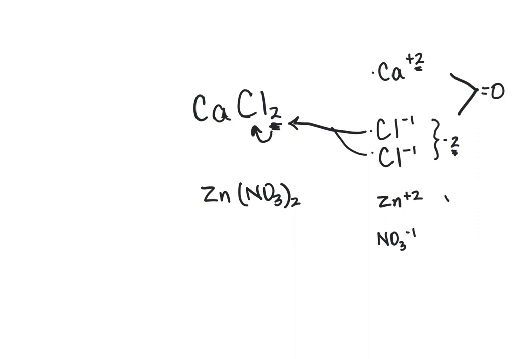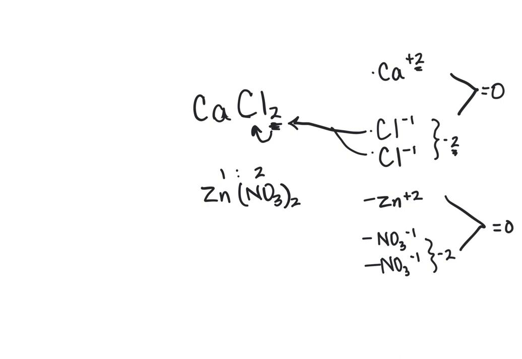So, like we saw before, these have to come together and equal 0. But +2 and -1 don't equal 0. So I need to bring in another nitrate, so that comes out to -2. And then those charges will balance out. That means I need to have 2 nitrates for every 1 zinc. Again, this is a 1-to-2 ratio like we saw in the last example.